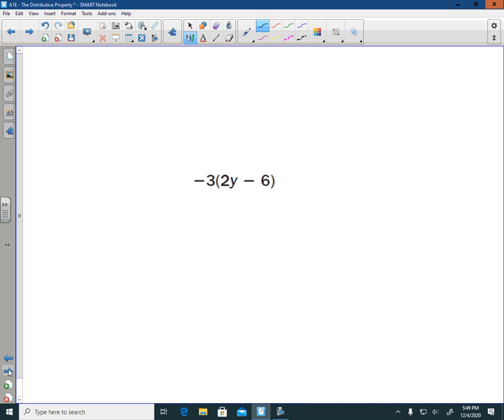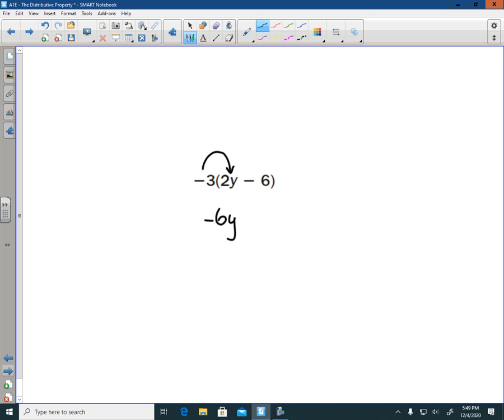Okay, here comes another one. So again, we want to get rid of the parentheses. Notice that there's 2y minus 6 inside the parentheses. Those are not like terms, so they cannot be combined. And so in order to get rid of the parentheses, we have to look to that negative 3 and use the distributive property to get rid of the parentheses. So we're going to take this negative 3 and multiply it by 2y. Well, what we do here is we multiply the coefficients. Negative 3 times 2 is negative 6, and then that y just comes along for the ride.